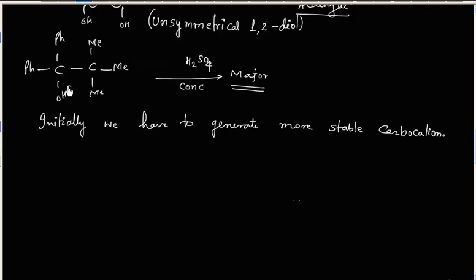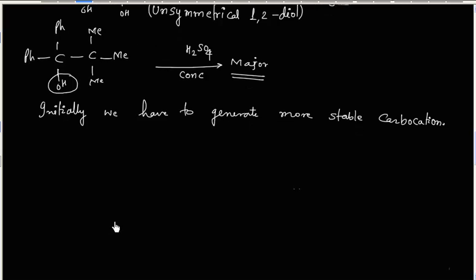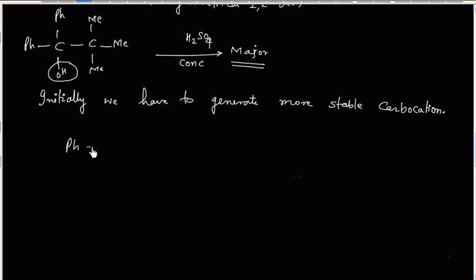This can be done if I lose OH from here, because in that case the carbocation is resonance stabilized by the benzene ring. Basically here we have the OH group. So this is OH. By mistake I have written Me. And in the next step we can do a methyl shift.